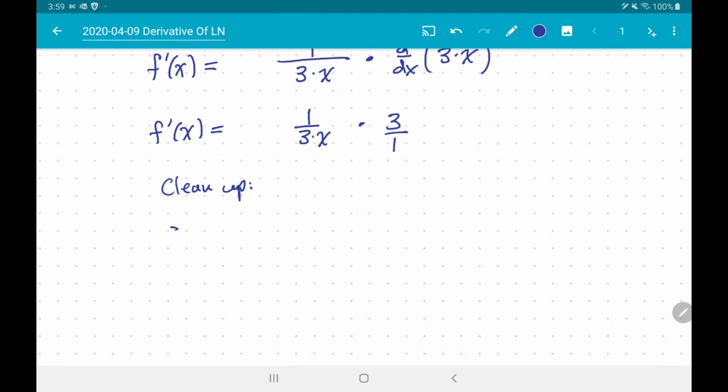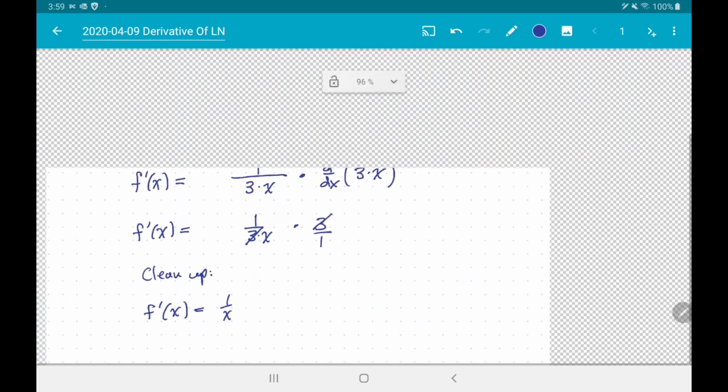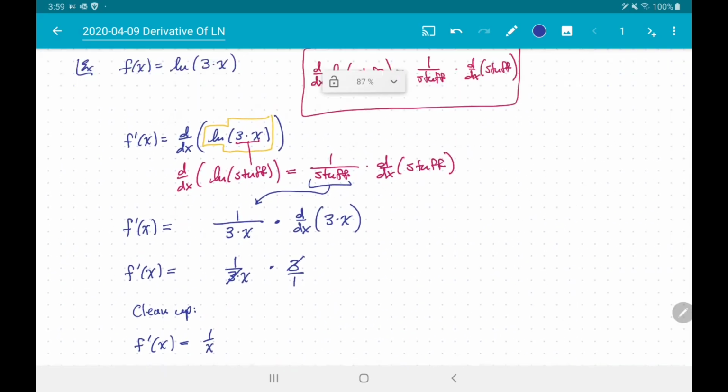I can put the 3 over 1 and cancel the factor of 3 from top and bottom, leaving just 1 over x. So that is the first example of using the derivative rule for the natural logarithm.